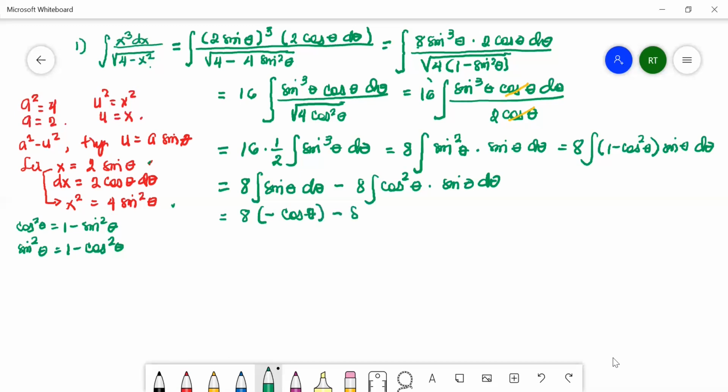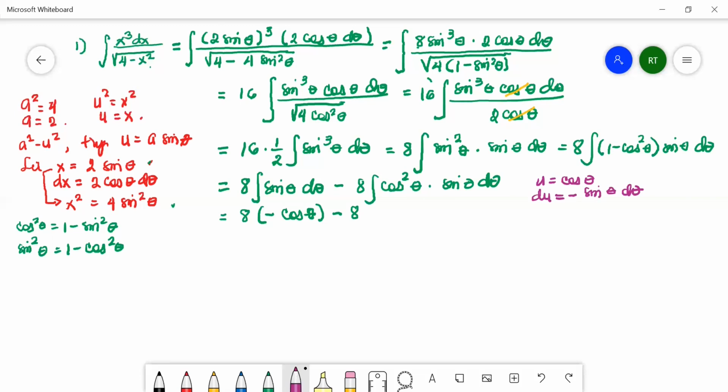Then minus 8. Take note that in the other integral, the integral of cosine square of theta times sine of theta d theta, we can evaluate this by power formula. We let u is equal to cosine of theta, and the differential of cosine of theta is negative sine of theta d theta. But please take note that we have sine of theta d theta in the integrand.